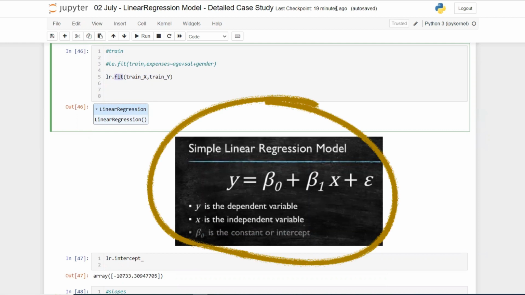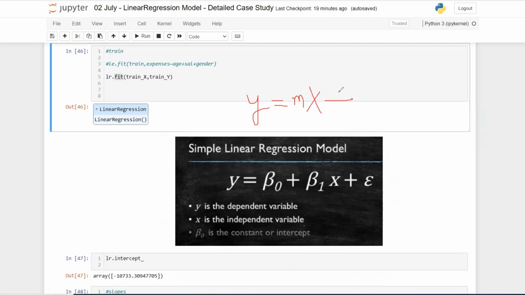Okay, so till now I was telling you the equation is in the form of m x plus c, right? But now let's think of it like this equation, which is a more accurate representation of a simple linear regression model.